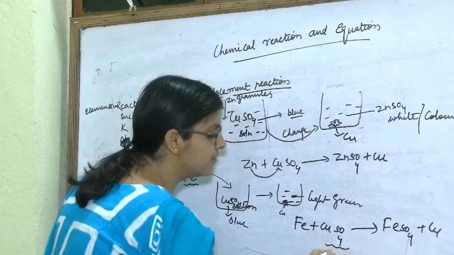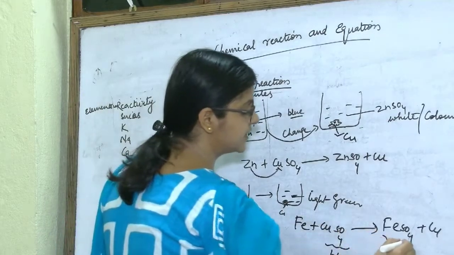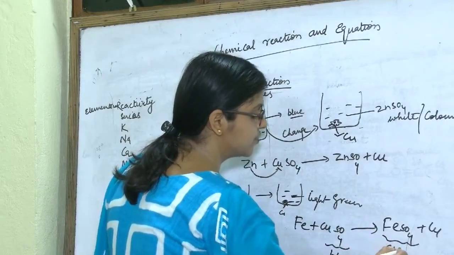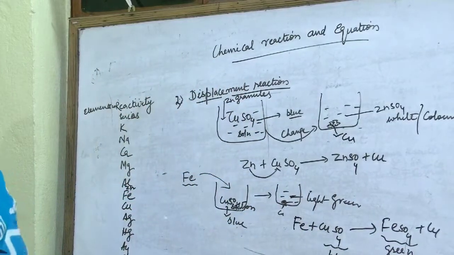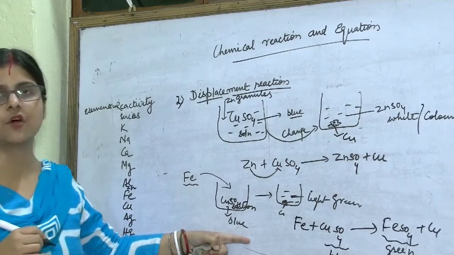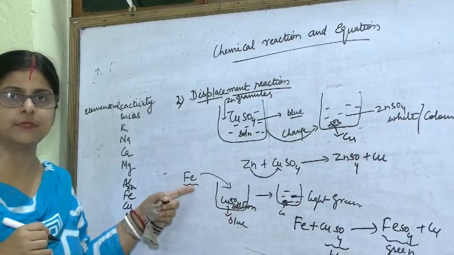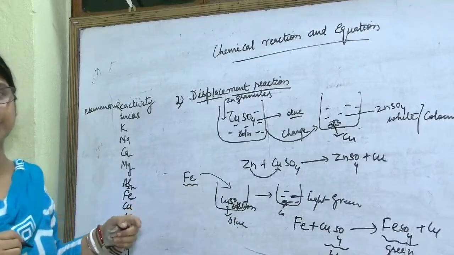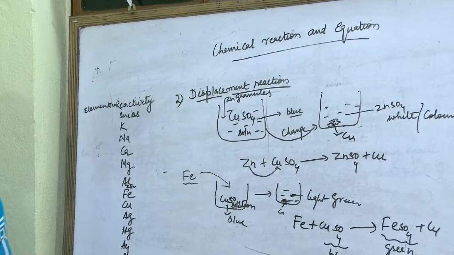So the color of the copper sulfate was blue, but the color of ferrous sulfate is green. So you are getting green color over here. These two are examples of displacement reaction. You can take up other examples also from your NCERT book. The only thing is that you will have to remember the reactivity series.